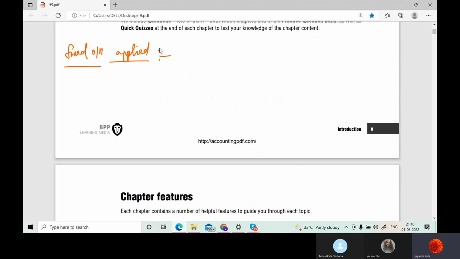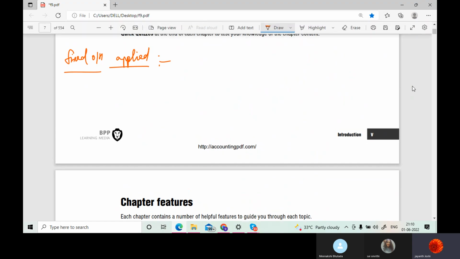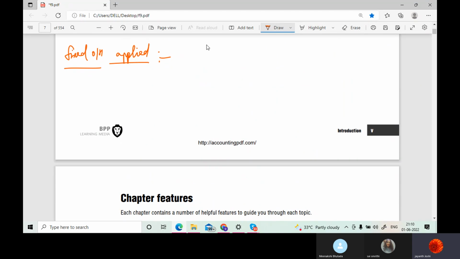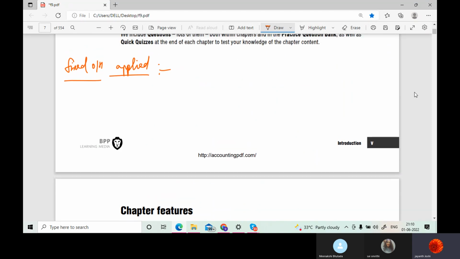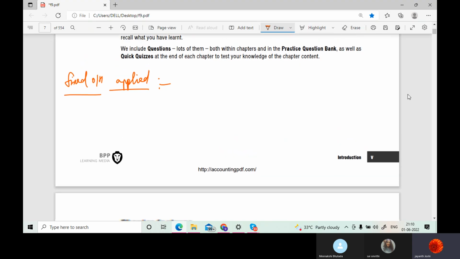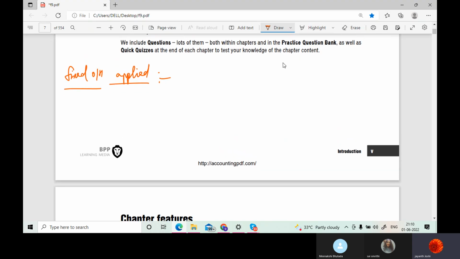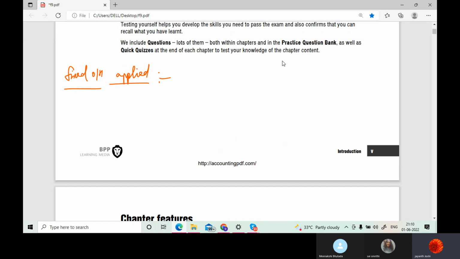So what is this fixed overhead applied? See, when you manufacture some product, there are some indirect costs you incur. Some of the indirect costs can be in the form of manufacturing indirect costs, which are called manufacturing overheads, and there can be some administrative indirect costs.